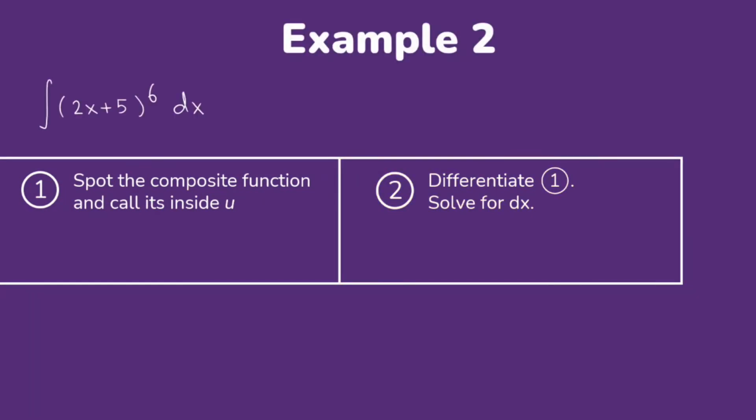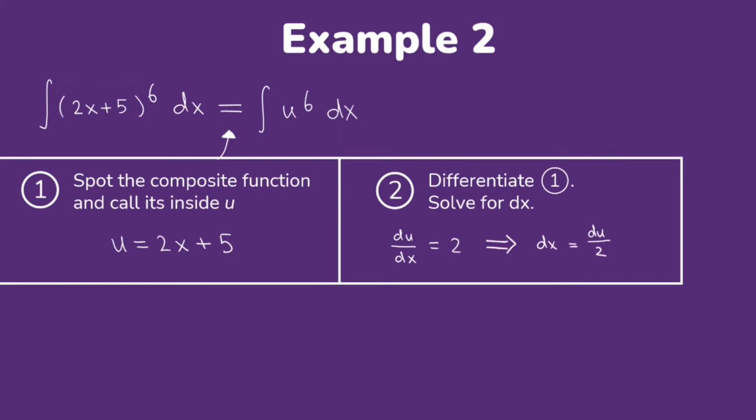Example 2, integrate 2x plus 5 to the 6th power. Here, the entire integrand is the composite function, and the inside part is 2x plus 5, so u is 2x plus 5. This simplifies the integral a bit. Next, differentiate step 1 to get du by dx equals 2, or dx equals du over 2.